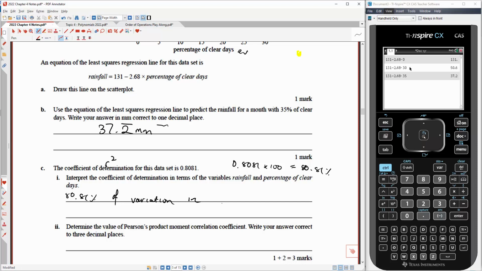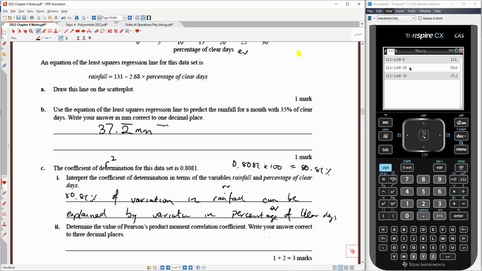All right, and what we do here is we always put the RV in the first spot, in rainfall, and this is the EV here, percentage of clear days.